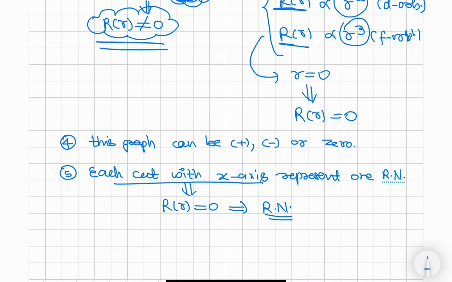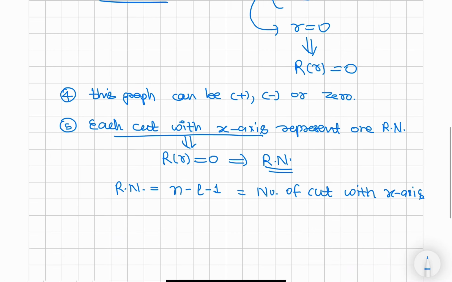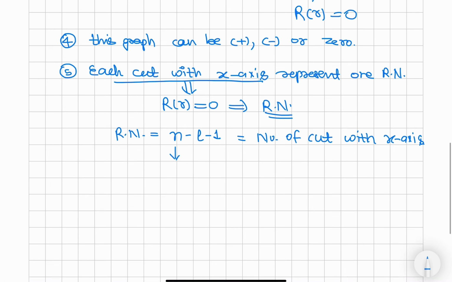And the formula for the number of radial nodes is n minus l minus 1, which represents the number of cuts with the x-axis. What is n? The principal quantum number. And what is l? The azimuthal or subsidiary quantum number.